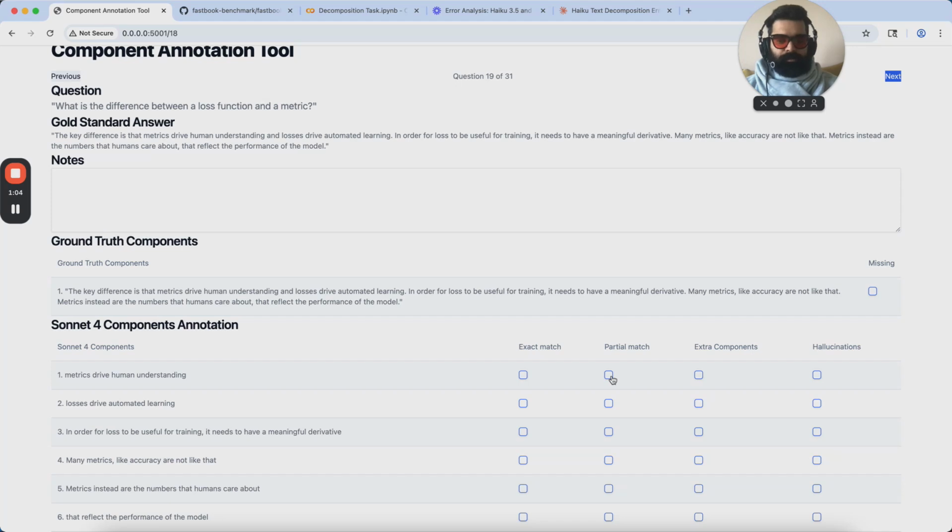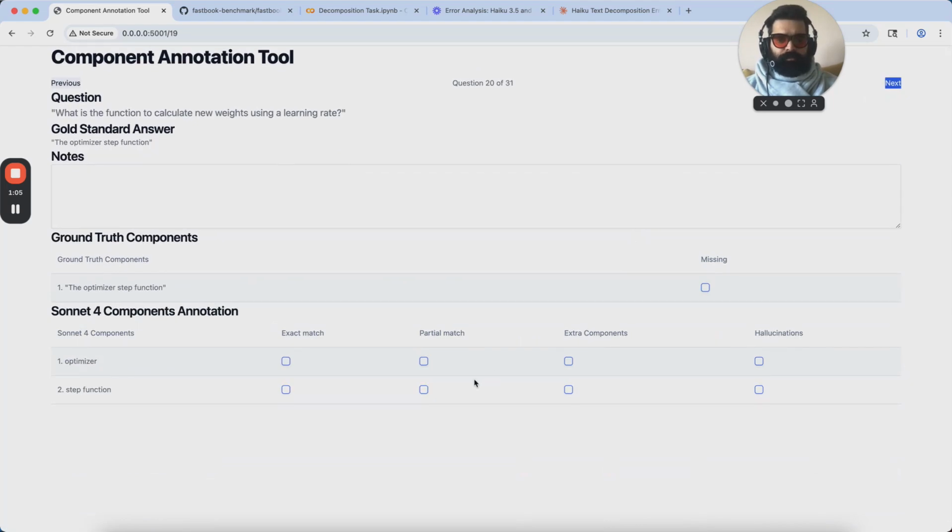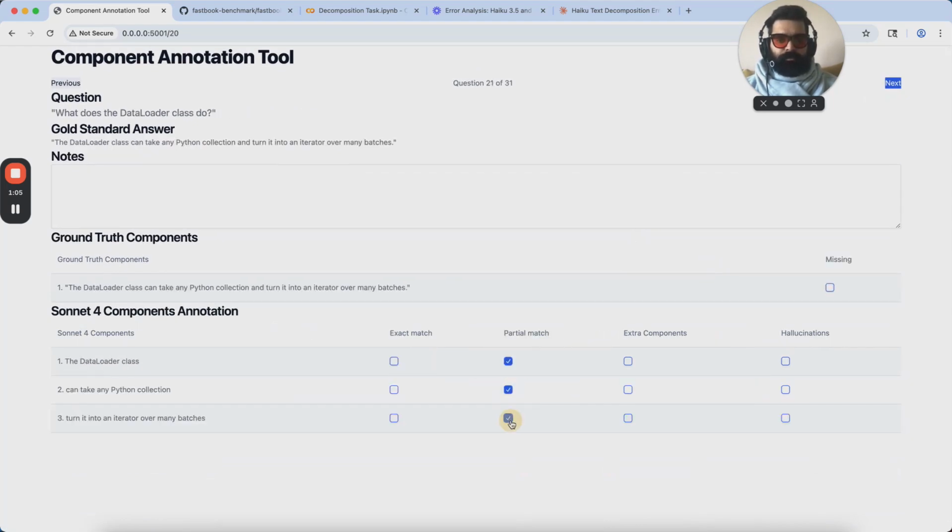All of these are partial. Metrics drive human understanding. Loss drives automated learning. Meaningful derivative. Many metrics. Metrics instead. Performance of model. And nothing missing. Partial. Similar to haiku.